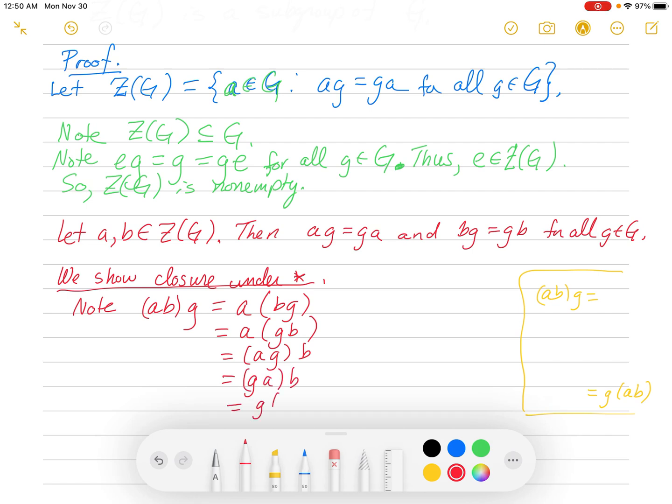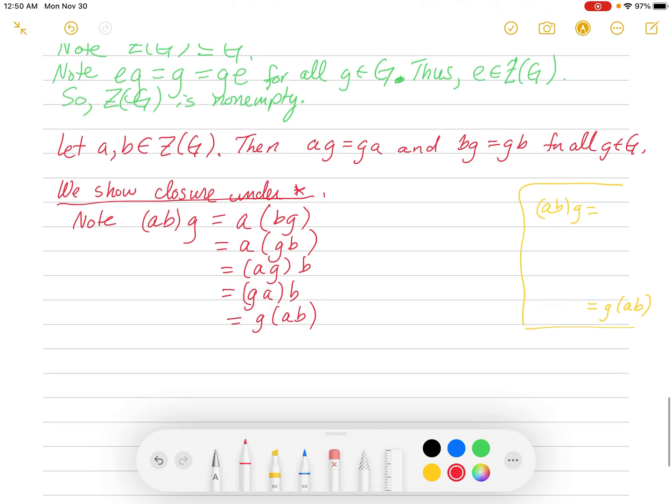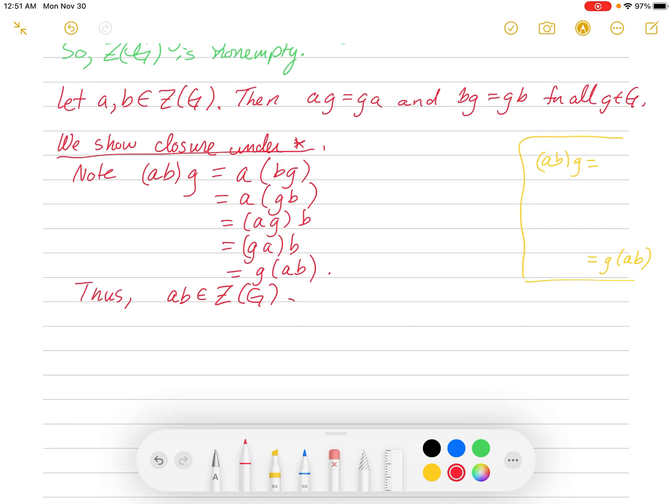So this is going to be ga, and then b, and then reassociate the parentheses, ab. And that's what we wanted, right? We wanted ab g equals g ab. So thus, ab is in the center of G.